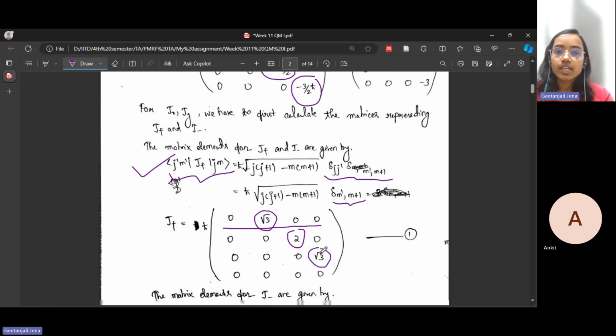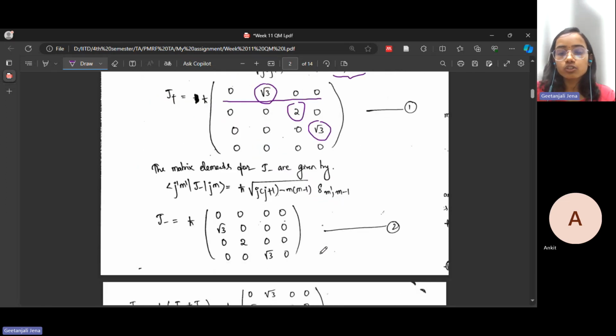Now for J minus, you follow the same procedure. Like for J minus, the matrix component will be h cut root over of J into J plus 1 minus M into M minus 1. And delta, instead of M plus 1, here we have M prime and M minus 1. Okay.